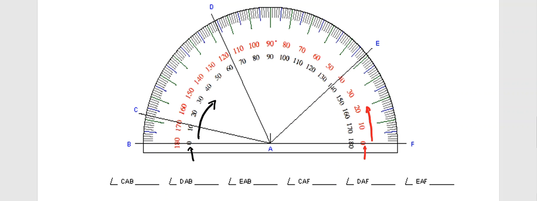Now, the only other thing that's important for us to know is how to correctly read these tick marks, okay? You notice there's these small individual black tick marks. Each of those is 1 degree. There's these blue tick marks that on this scale are representing intervals of 5 degrees. So every time we count a blue tick mark, we're counting by 5.